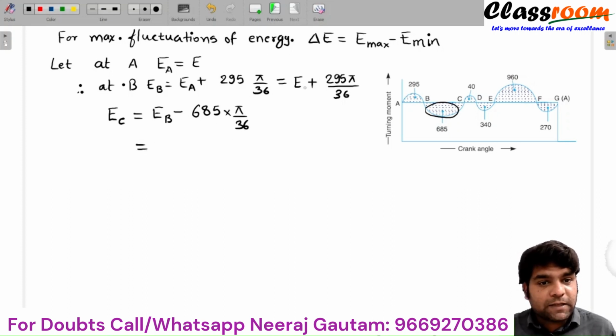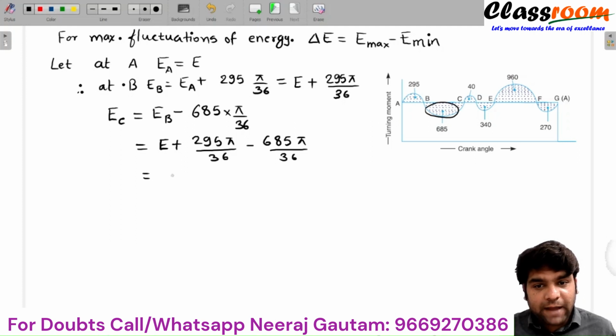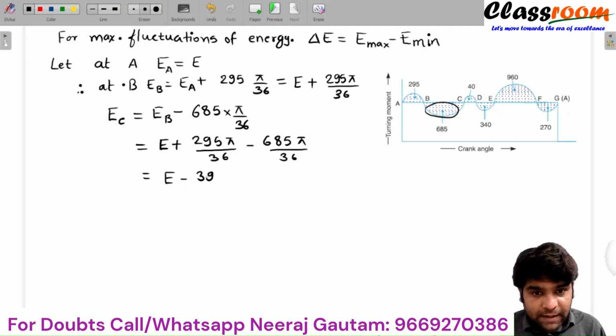So energy at B is E plus 295 pi by 36 minus 685 pi by 36, and finally the energy at C is E minus, 295 minus 685, that is 390, so it is 390 pi by 36. So this is EC.